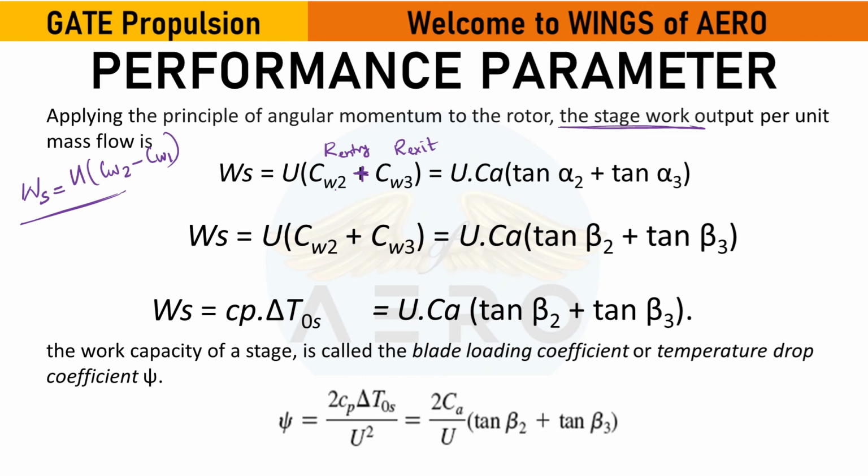Now similarly we already know what CW2 and CW3 are. In terms of CA, tan alpha 2 and alpha 3, we got this final expression.